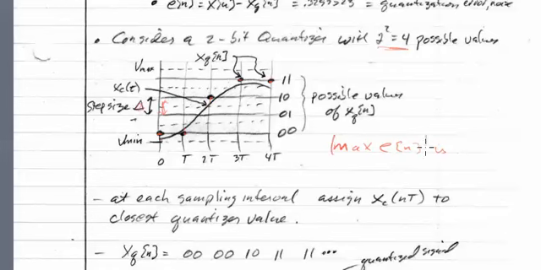The maximum magnitude of the error is delta over 2, because if it was operating properly, we would always assign it to the closest interval, so we would never have anything larger than delta over 2 for the error.